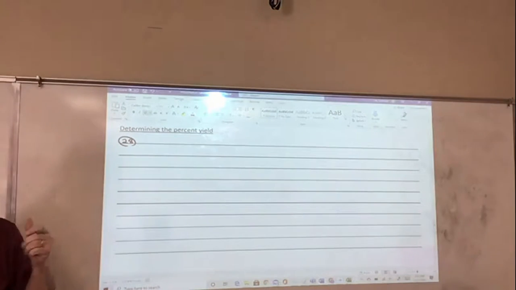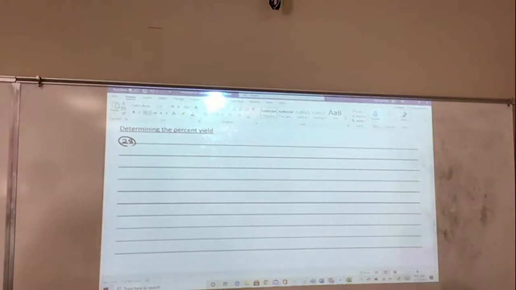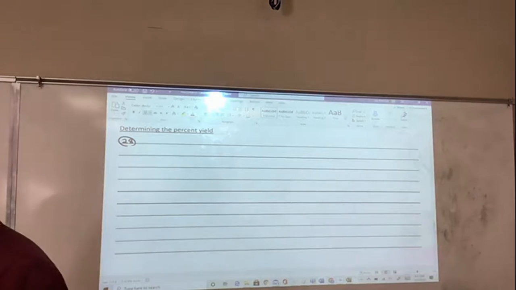Just as we did with the grams thing, I need a procedure to tell me how to accomplish this. And it's easier to work with grams than it is to work with moles. But it should turn out the same.